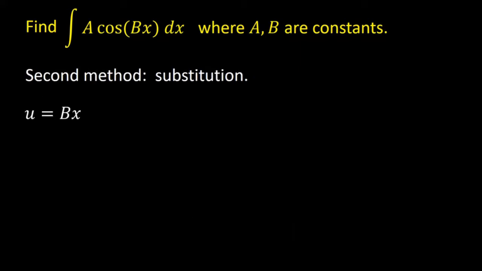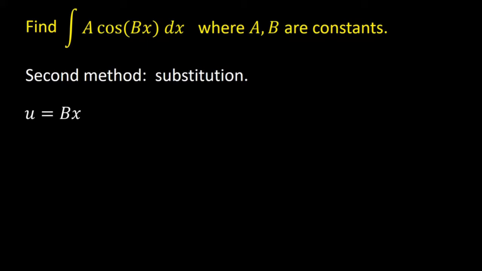Now, here's another method, and I'm not suggesting it's better, but in time this will become a very useful technique for you. It's called substitution, and we're going to substitute u equals bx, and you'll hopefully quickly get on the idea of what is the right substitution to use. And the quick rule is you take the inside part of your expression.